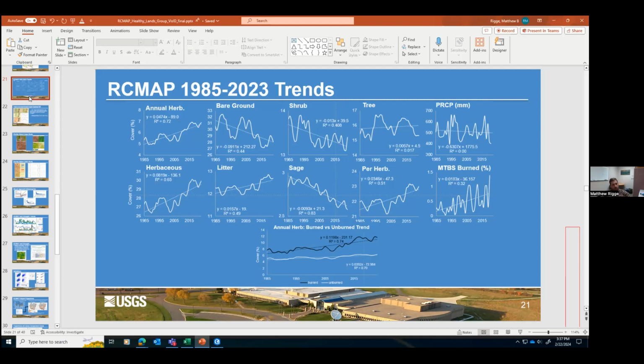So at this point, I don't think it's possible to use Landsat to separate out biological soil crust from, say, bare ground cover or even some sorts of herbaceous cover. There's an amount of lumping and splitting we have to do just to make this work.